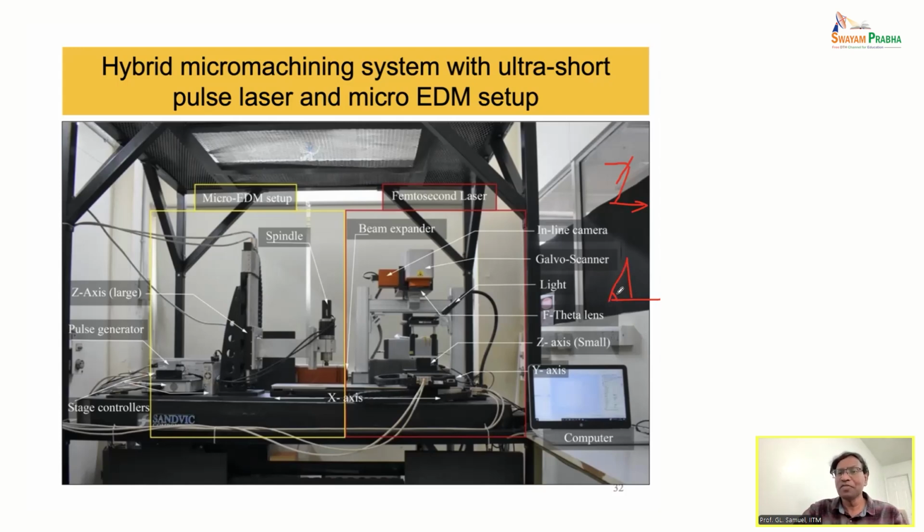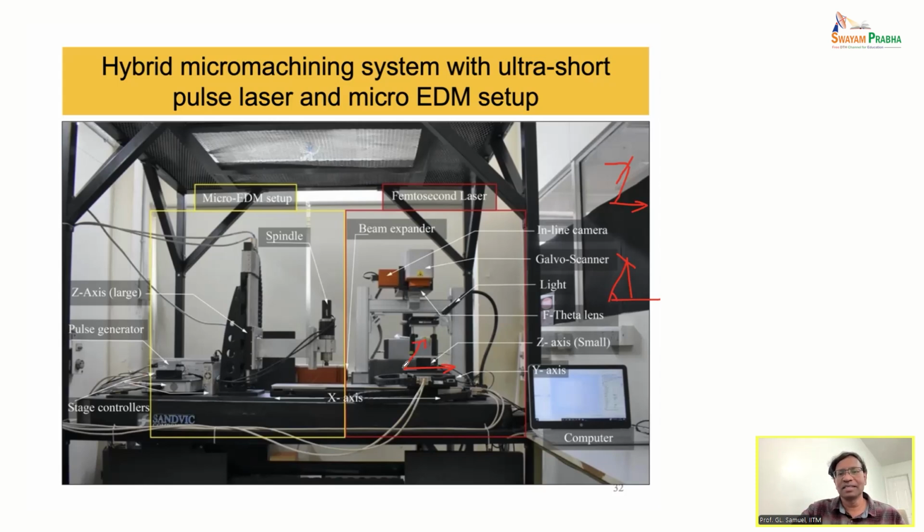So for smaller distances, we would rather prefer to use the galvo scanner. And if you want a quick scan, it happens in a fraction of a second, so we can use the galvo scanner. Otherwise, we also have these XYZ stages, where we can move in the X direction or the Y direction, or we can also raise the height in the Z direction.